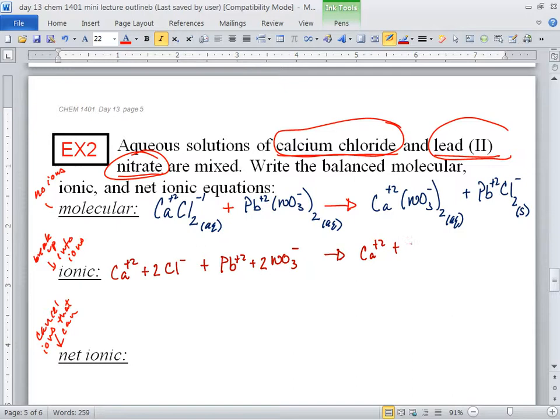Good. Okay. And then what do we write for this lead 2 chloride? Do we break this one up? No, because it has an S on it. So we just leave it alone. PbCl2 solid.